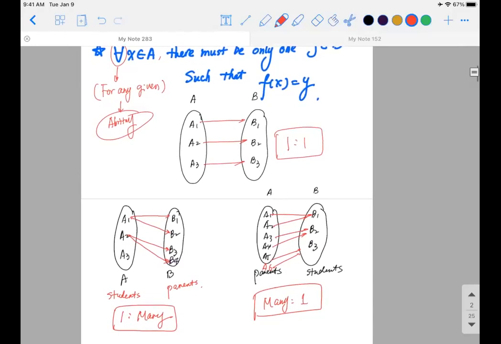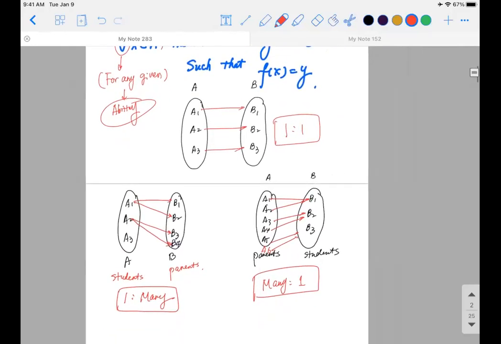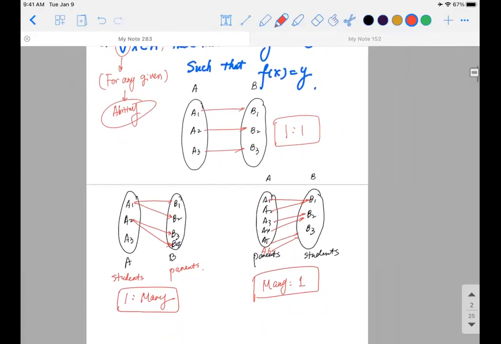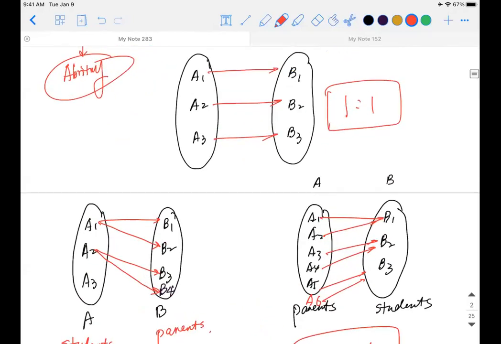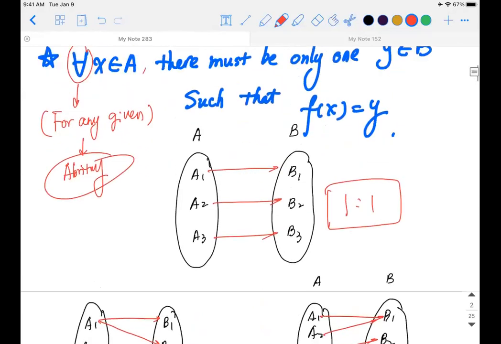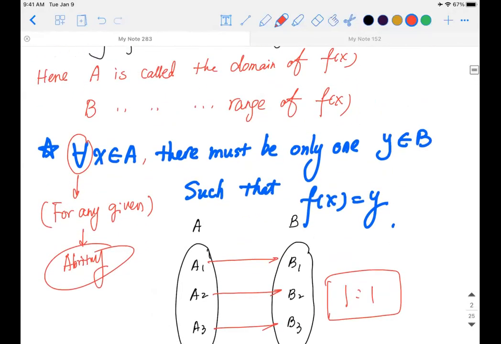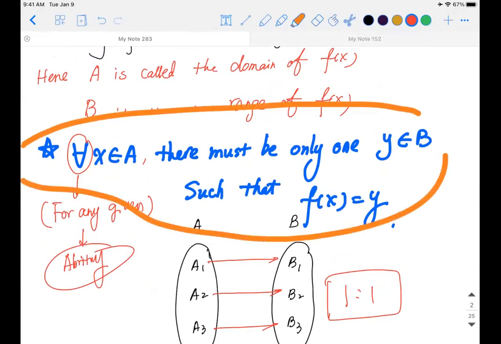However, my question is, can all of them be considered a function, or only a portion of them? This is actually a very, very important concept we need to clarify at the very beginning, okay? Because we just mentioned such a very important property: for any given x belonging to A, there must be only one y belonging to B, such that f(x) equals y.